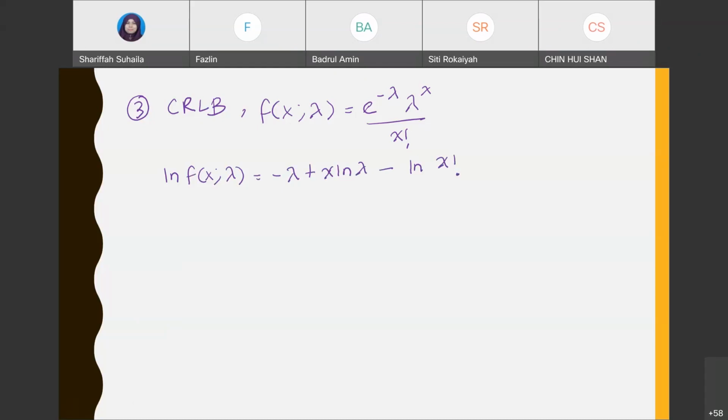Next, kita differentiate with respect to lambda. So you try differentiate. Bezakan lambda. So x, bezakan ln lambda, 1 over lambda. Bezakan ln x factorial tak ada apa sebab tak ada lambda, 0 lah.